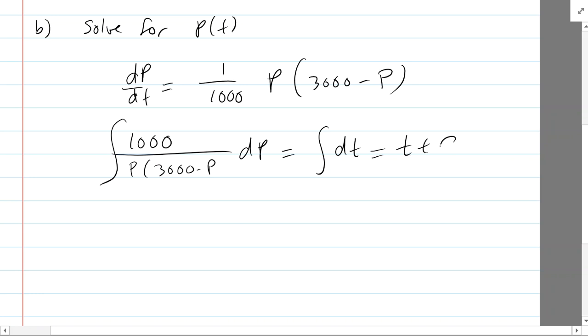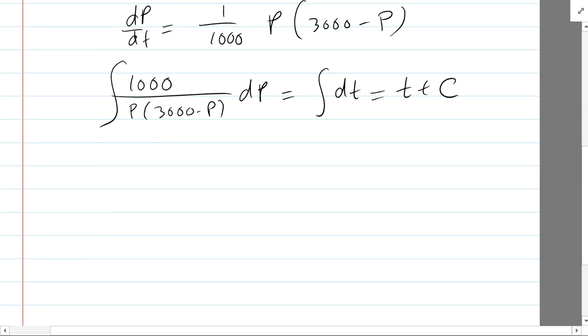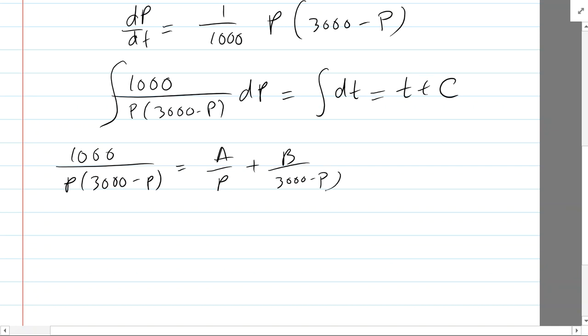T plus C, right? For this one, am I going to do my whole partial fraction thing? So what I'm going to say is that because I know that 1,000 over P times (3,000 minus P) is equal to A over P plus B over (3,000 minus P). And what did we get a minute ago when we did this? Did we get A was 1 over L and B was 1 over L? If you happen to remember that, you can go ahead and start writing that.